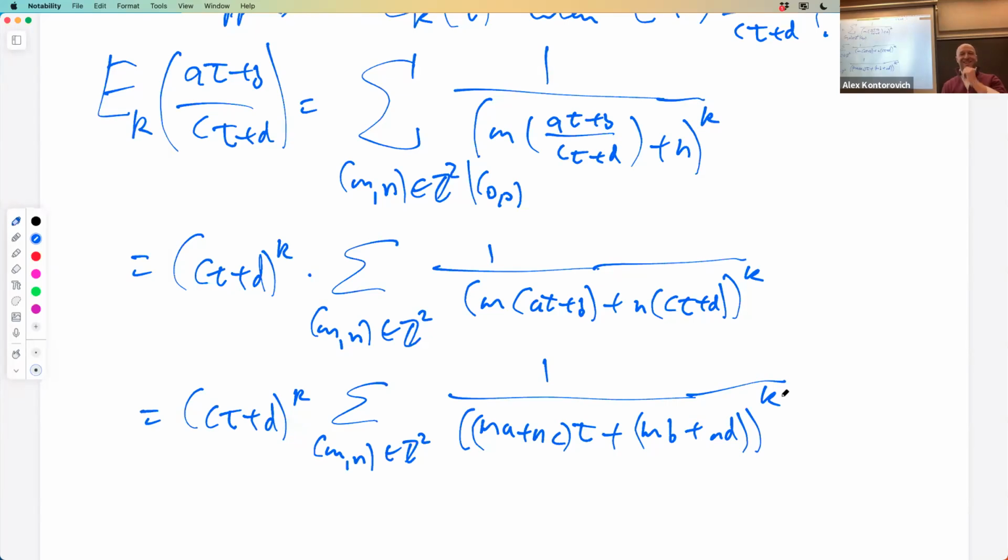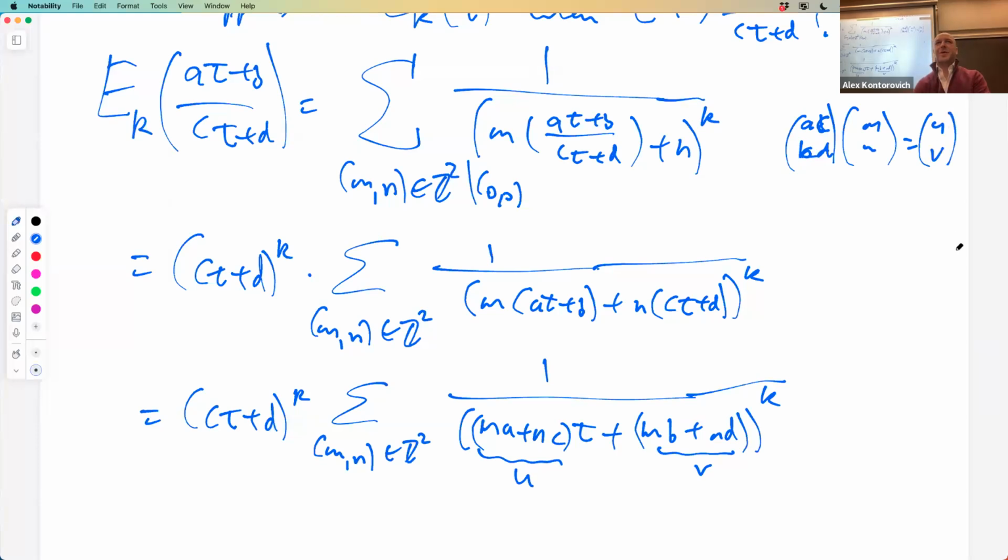You could probably with both of those just reproduce everything in Z2. Exactly. If I write this as U and this is V, then all we've done is take our m, n multiplied by ABCD, or maybe not ABCD, ACBD, and gotten a u and a v, a pair of integers. But this is an invertible transformation.